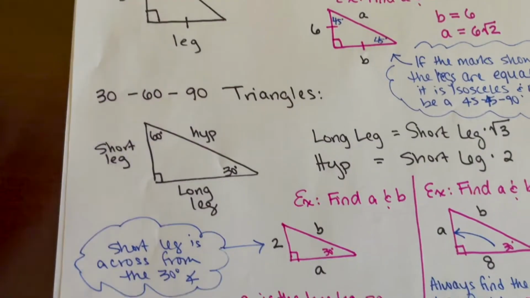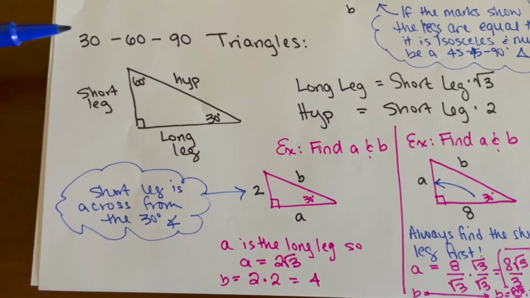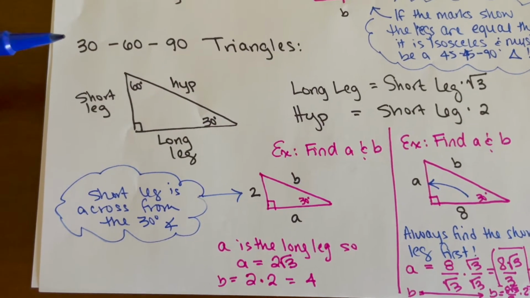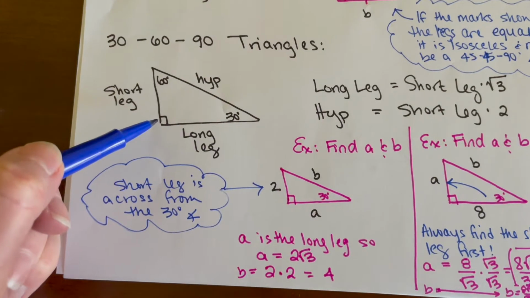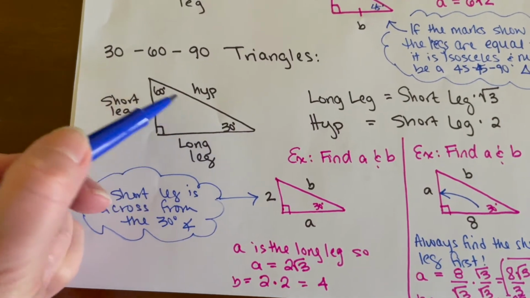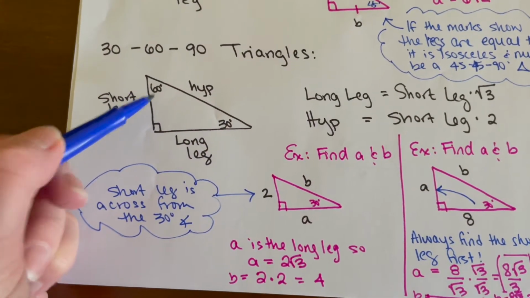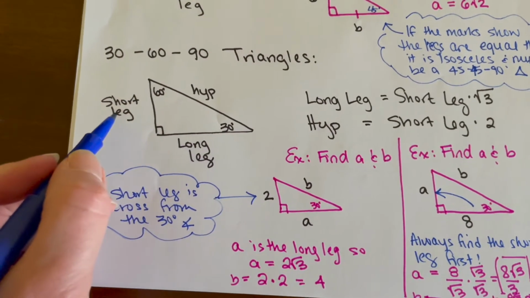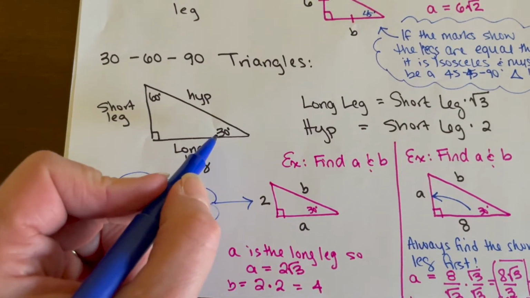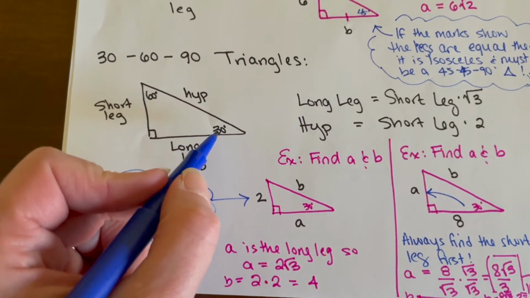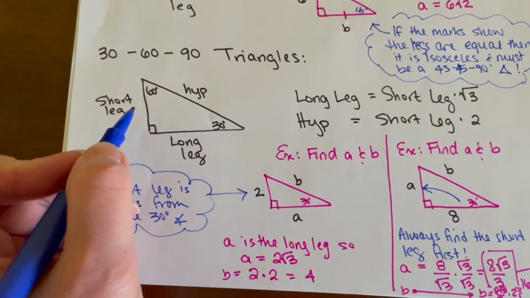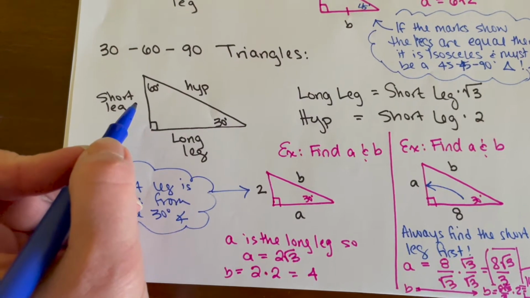Okay, and then the last type of special right triangle is the 30, 60, 90 triangle. That means we have one angle that's 90 degrees, one angle that's 30, and one angle that's 60. Remember that the short leg of your triangle has to be across from the smallest angle. So find your 30-degree angle, then across from that will be the short leg.